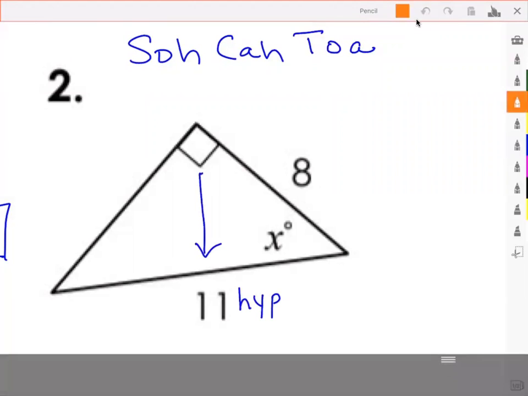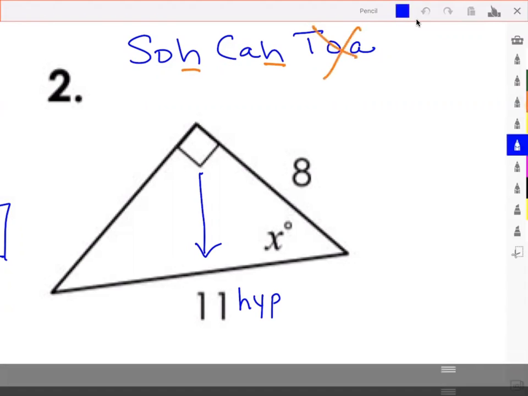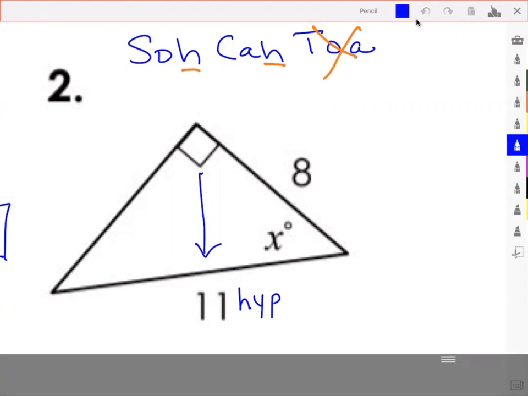So since it's hypotenuse, I've narrowed it down to either sine or cosine, right? It's not going to be tangent because it doesn't have hypotenuse. And so what is the 8? Is the 8 the opposite or the adjacent? Well, it's next to it, so it's going to be the adjacent, which is going to be CAH. So questions on how I knew it was cosine?